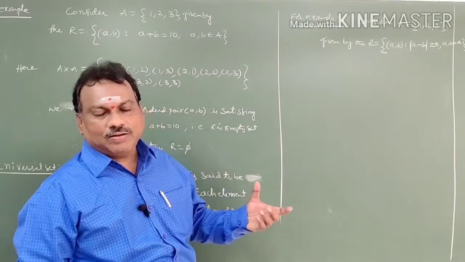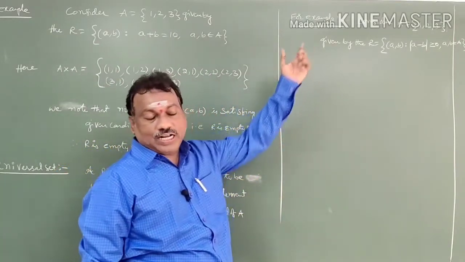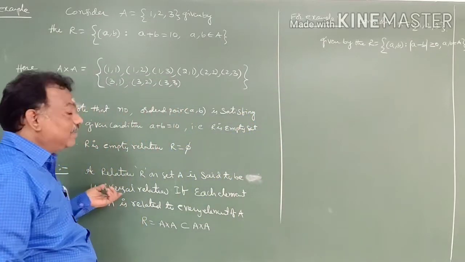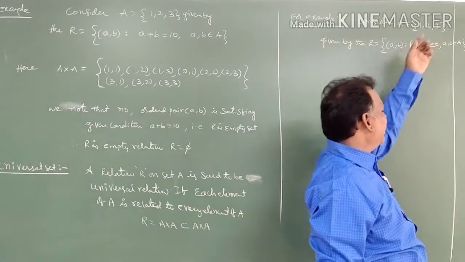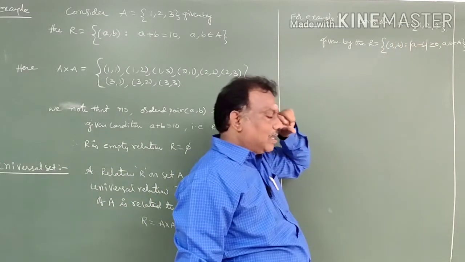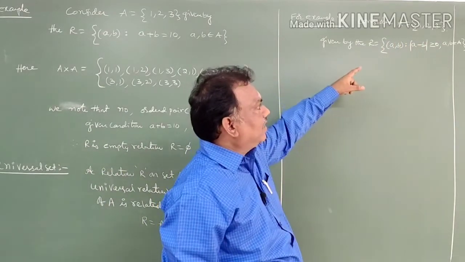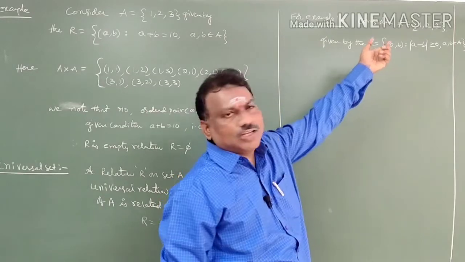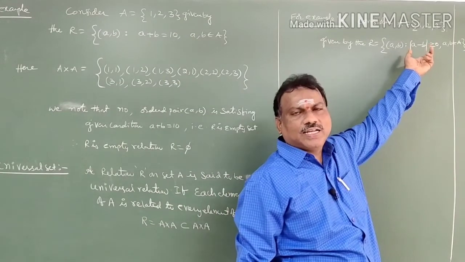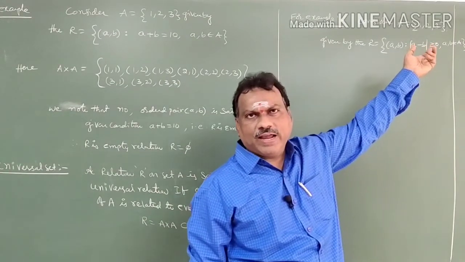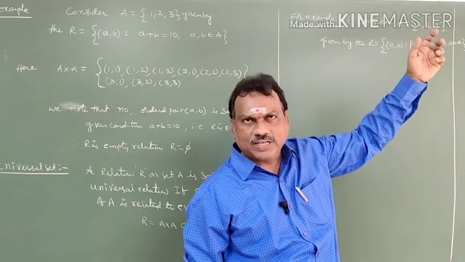So we want to check the universal relation on a particular set A. You have to pick a, b values from set A, and they should follow this condition: modulus of a minus b is greater than or equal to 0.